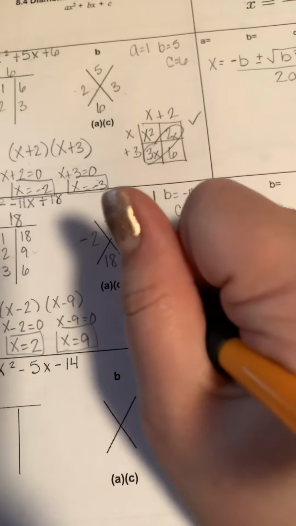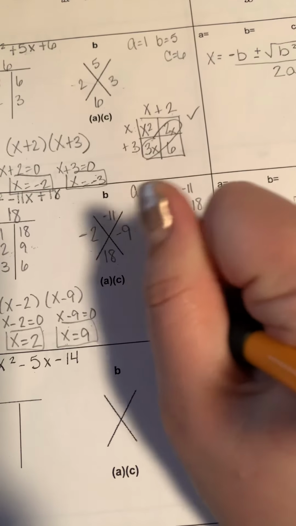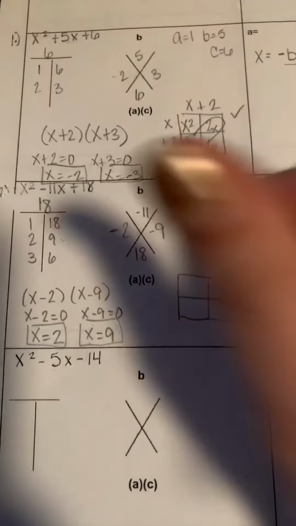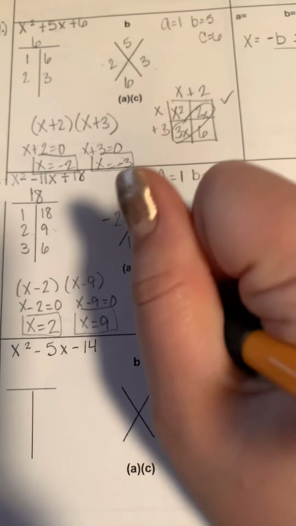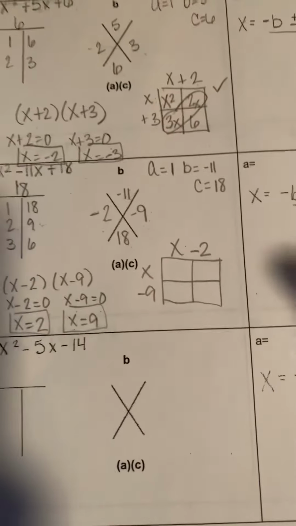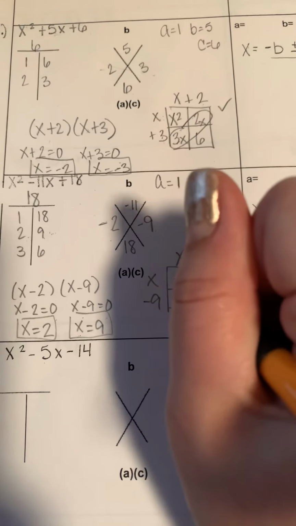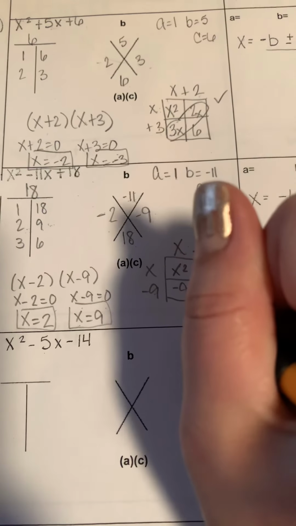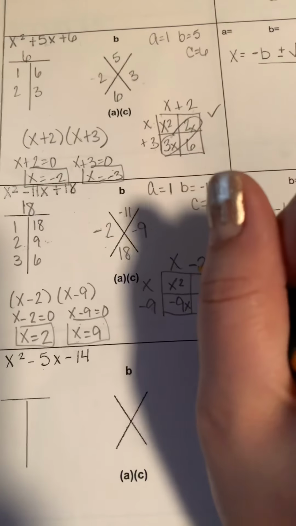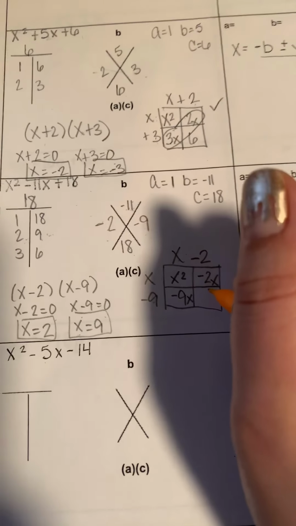And then put it into our box method to double check ourselves. So x minus 2, x minus 9. X times x, x squared. Negative 9 times x, negative 9x. Negative 2 times x, negative 2x.